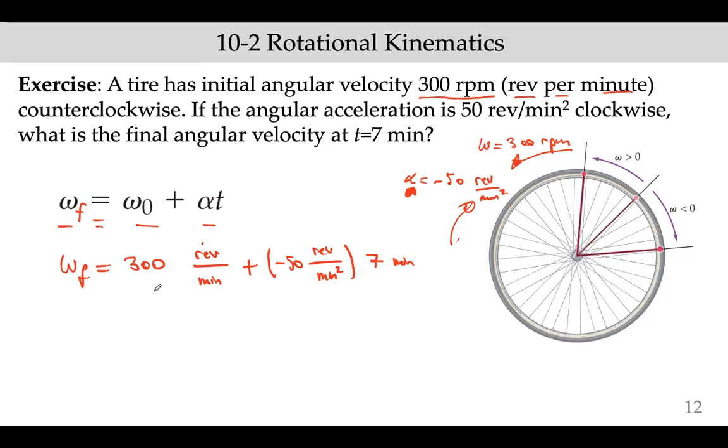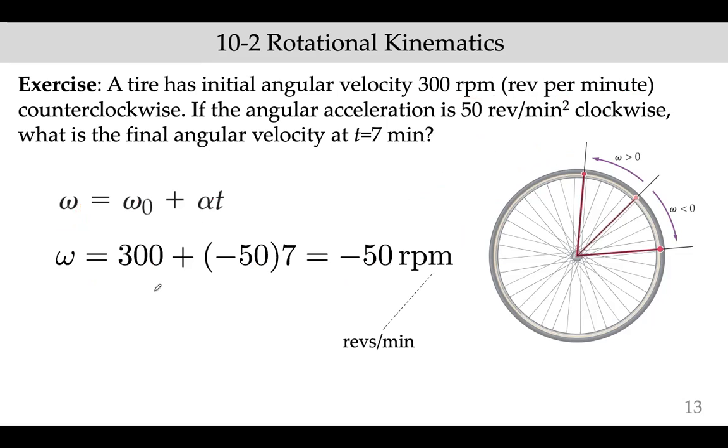So if you do the calculations, the answer turns out to be -50 RPM. Initially it was rotating counterclockwise with 300 RPM. So what happened? In 7 minutes, remember there is an acceleration in the clockwise direction. That means there's a force in the clockwise direction. So see the angular speed and the force are in opposite directions.